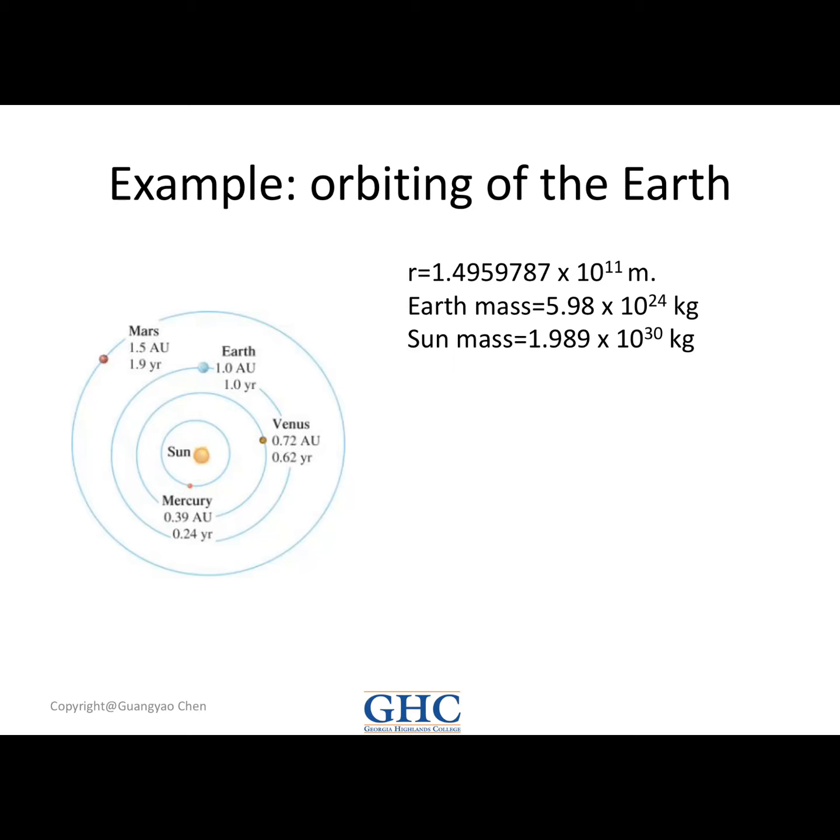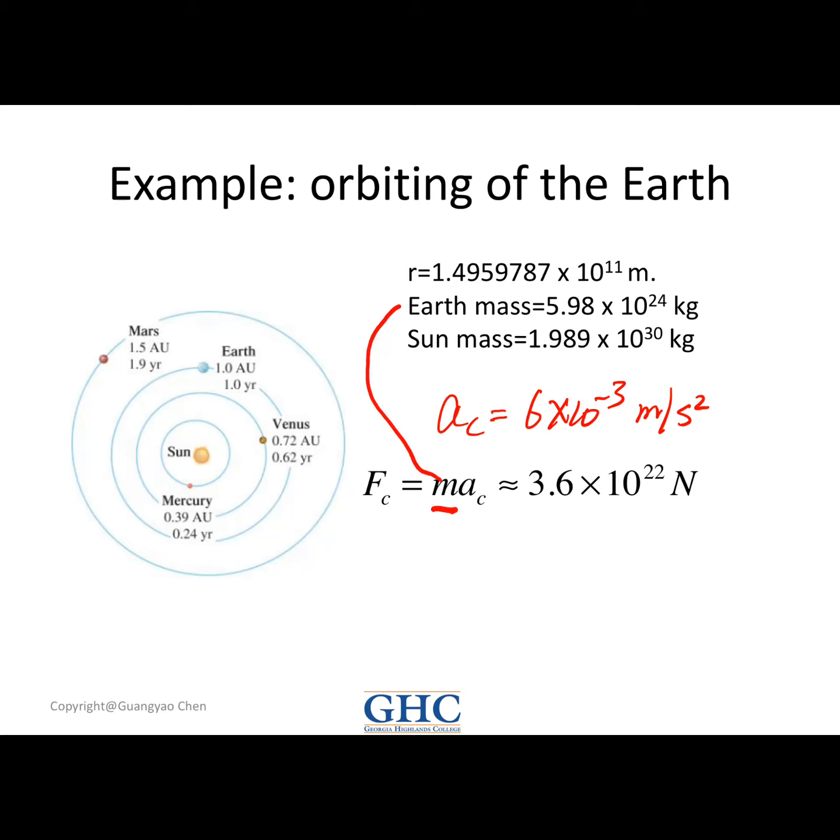Now we have studied that the centripetal acceleration of the Earth orbiting around the Sun is roughly 6 times 10 to the negative 3 meter per second squared. That's the example we went over in the lecture on uniform circular motion. Which means the centripetal force on Earth should be mass of Earth times the centripetal acceleration of the Earth.